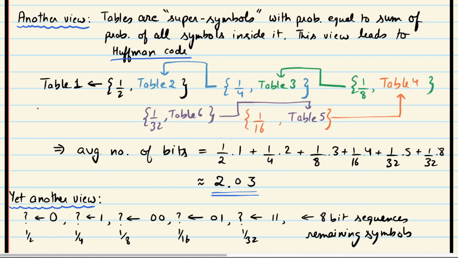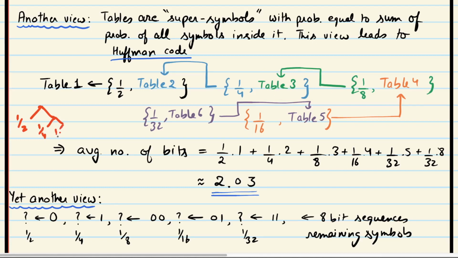You can also view this entire arrangement by what is called a graph. So you start with the root node. On the left side you put the symbol with probability half. On the right side you put a lot of other symbols. This is the super symbol table 2. So you go here now, and this node has two symbols, one with probability 1/4. On the right side you have this super symbol with all the remaining symbols.